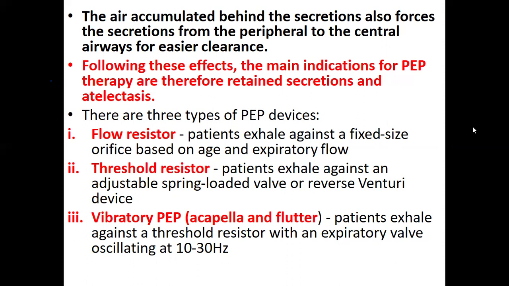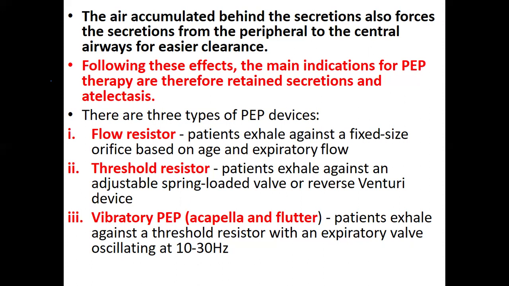So there are three types of PEP devices: flow resistor, threshold resistor, inspiratory resistor. Flow resistor: patients exhale against a fixed-size orifice based on age and expiratory flow. Threshold: patients exhale against an adjustable spring-loaded valve or reverse venturi device.